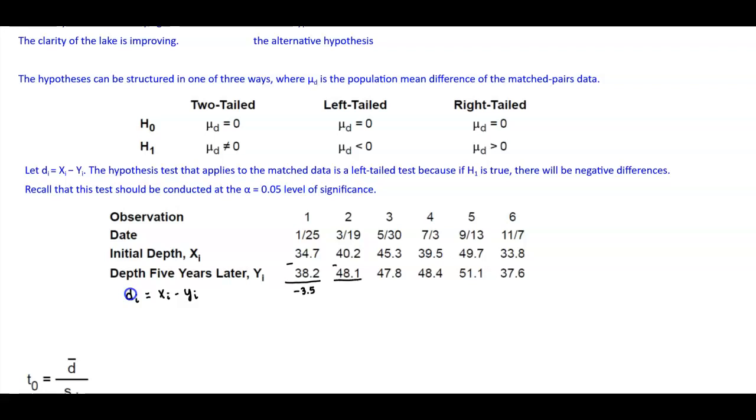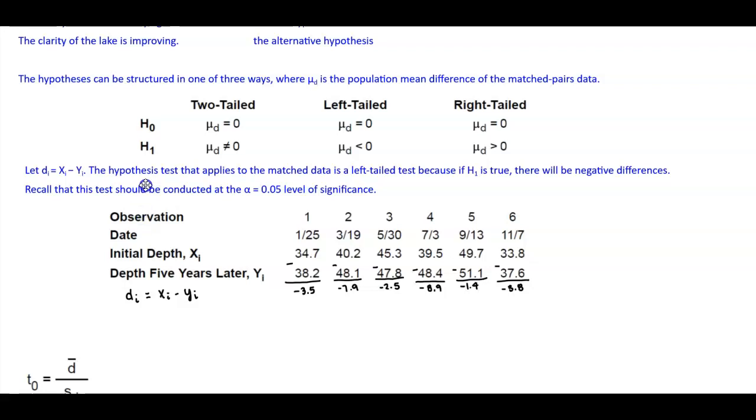If we take the difference between x and y here, 40.2 minus 48.1 is negative 7.9. 45.3 minus 47.8 gives us negative 2.5. 39.5 minus 48.4 is going to give us negative 8.9. 49.7 minus 51.1 is negative 1.4. And 33.8 minus 37.6 is negative 3.8.